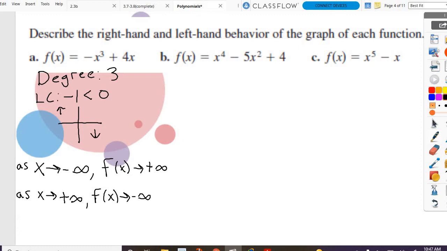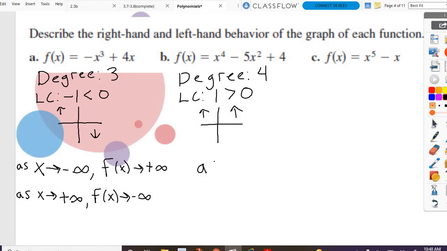Alright, so for my second one, what is our degree? 4, which is even. So what are they going to have to do? Go in the same direction. What is our leading coefficient? 1, which is greater than 0 or positive. So what direction are both of my ends going to point? Up.